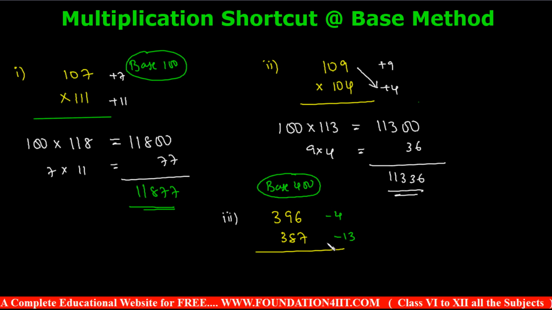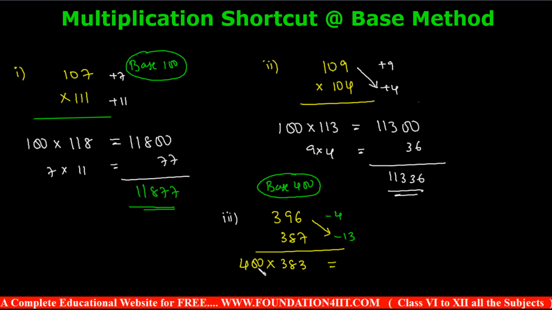Now 396 minus 13, or 387 minus 4, you can do the cross thing. So 400 is the base, 400 into 396 minus 13 or 387 minus 4. You get the same answer. 387 minus 4 is 383, and 396 minus 13 is also 383. Just apply the cross adding or cross subtracting concept.